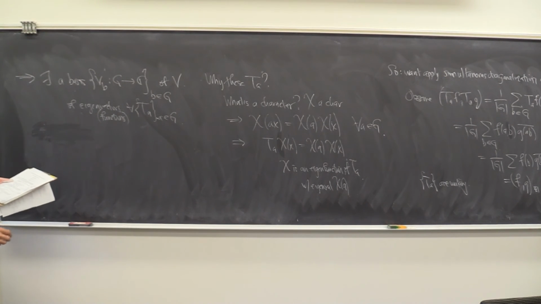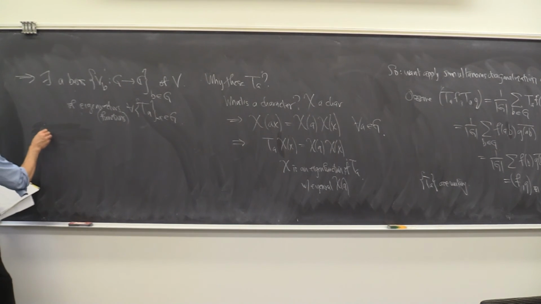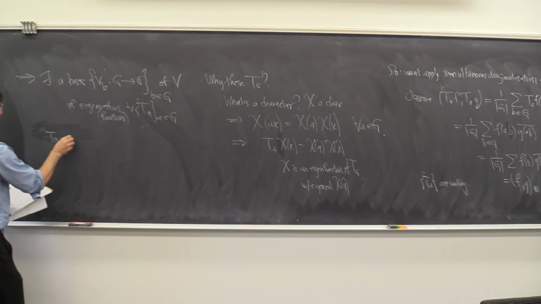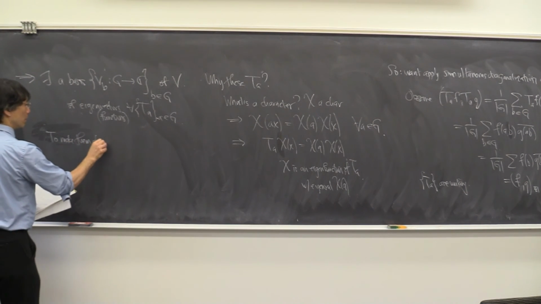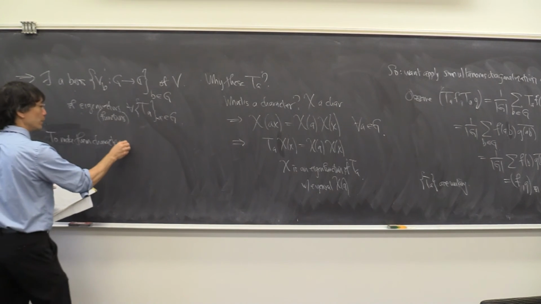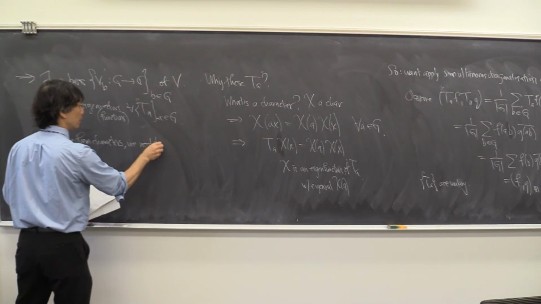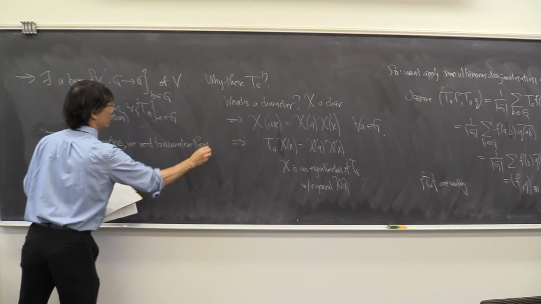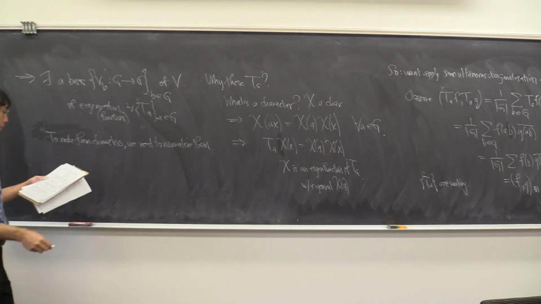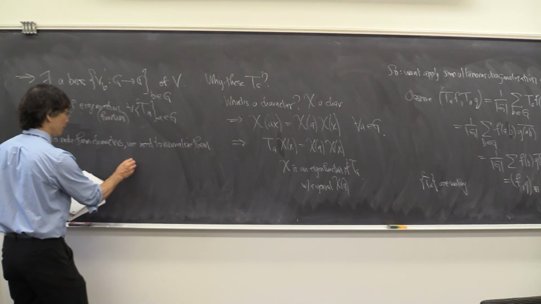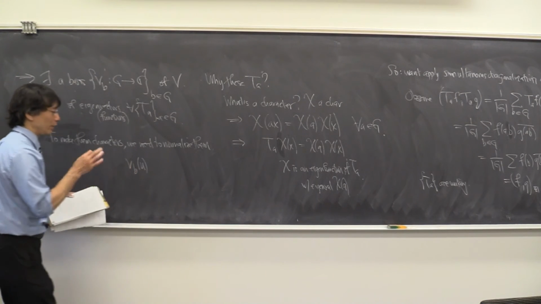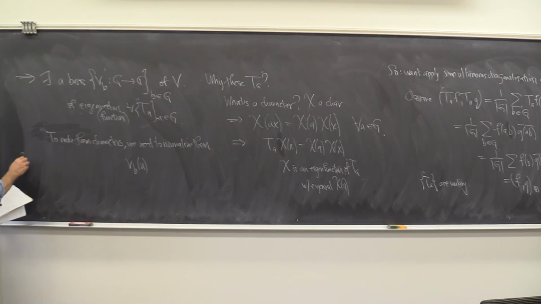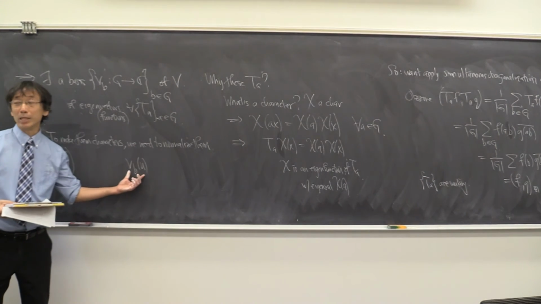The trouble is that to make them characters, we need to normalize. V_B of the identity, so let U be the identity of G, might not be 1.